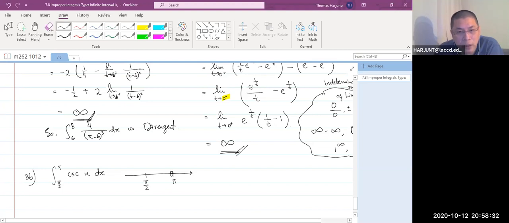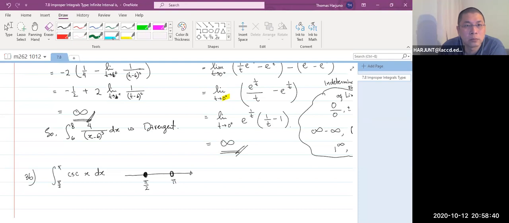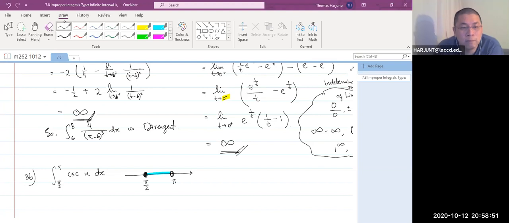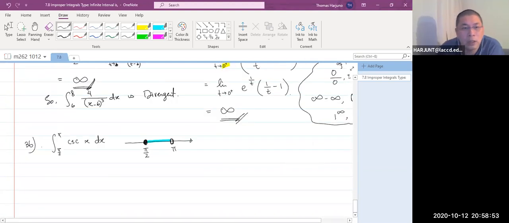So this will be the limit as t goes to pi from the left-hand side of the integral from pi over 2 to t of cosecant x dx.